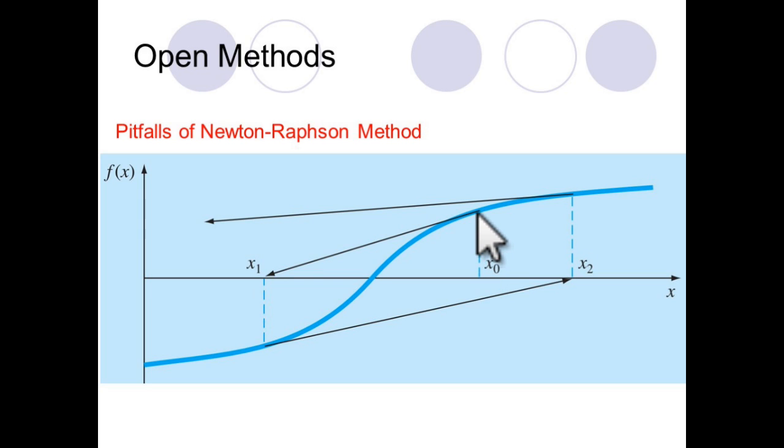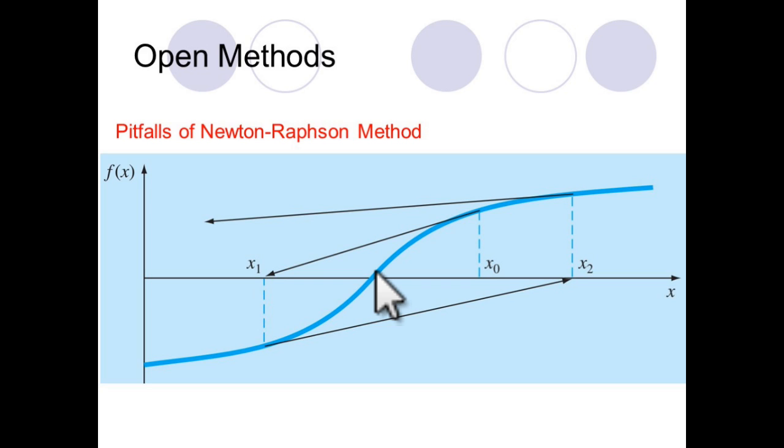Okay, what else? There may be some multiple roots, of course, but just think that you begin from some value x0, that's okay. Then because of the slopes you may skip some of the roots.